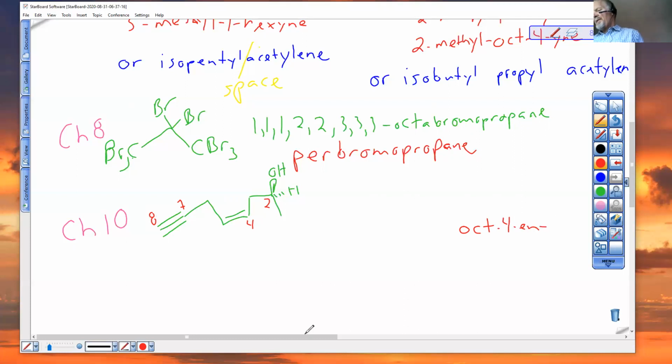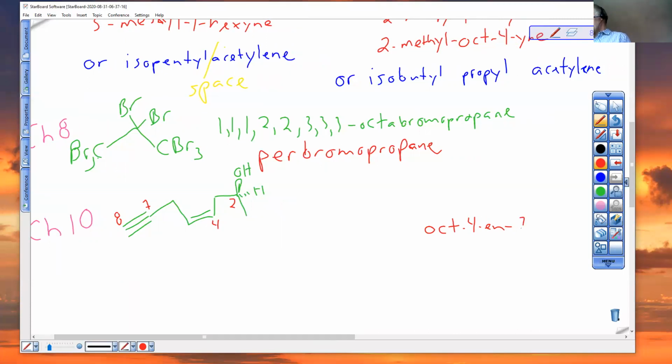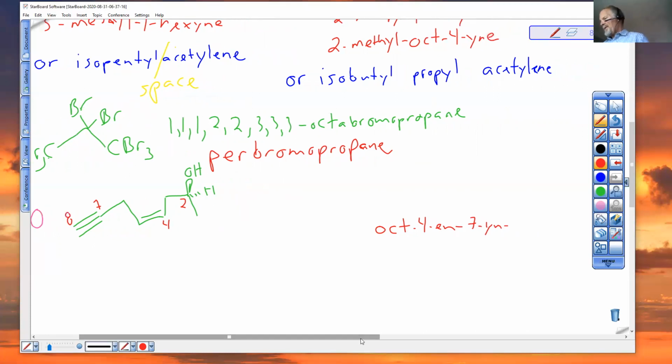There's a triple bond between 7 and 8. And there is an alcohol on carbon 2. Notice our ene didn't end with the letter E because it wasn't the end of the word. Our yne doesn't end with the letter E because it's not the end of the word. And alcohol doesn't end with an E, so we never see an E at the end on this one. 2-ol. OL at the end because alcohol has the highest priority.